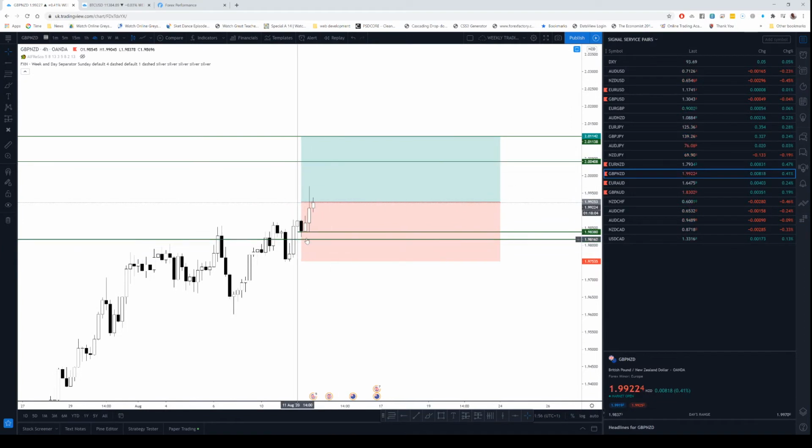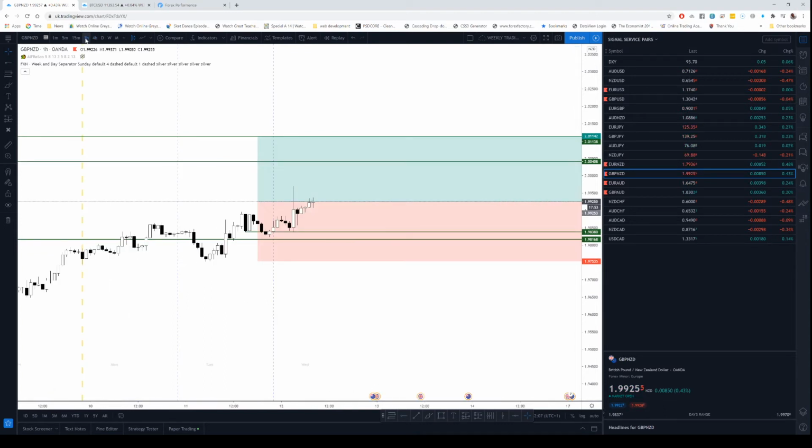And then if it does get down there, run this low rejection, then you place more buys for a continuation to the upside. Okay, on the 1 hour, they've already tagged this down candle, so it's not important anymore.